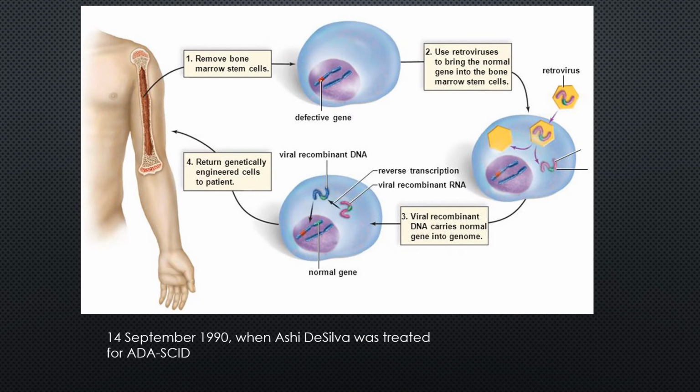So these children are susceptible to all kinds of illnesses, and they tend to die pretty early. So for DeSilva, they used a virus to insert a gene that would create adenosine deaminase, or ADA.